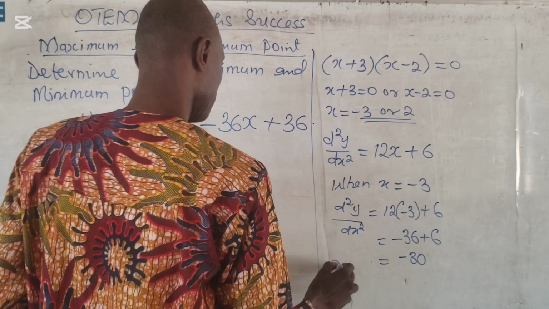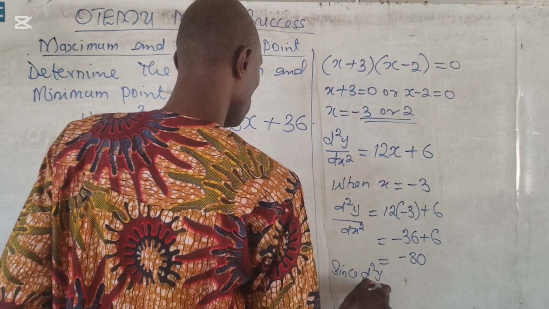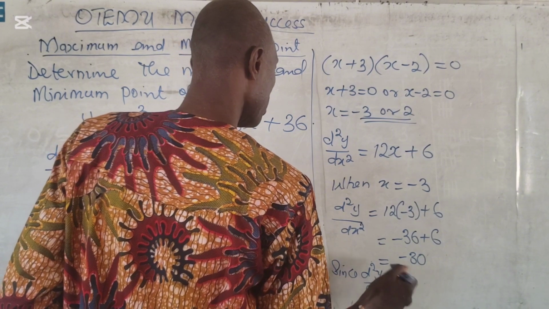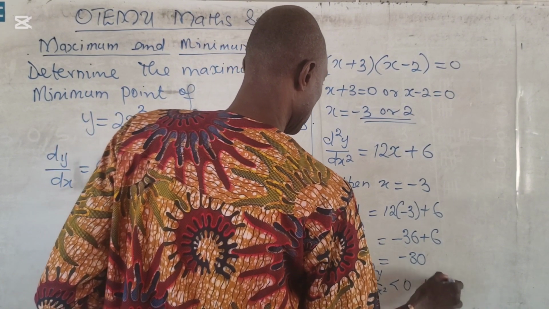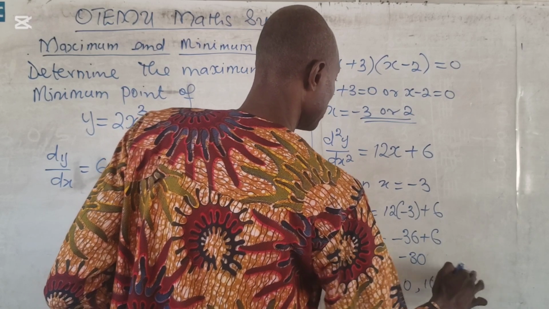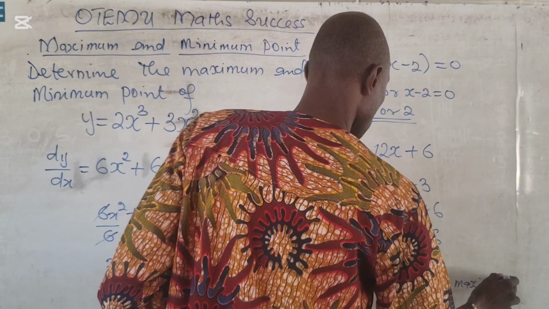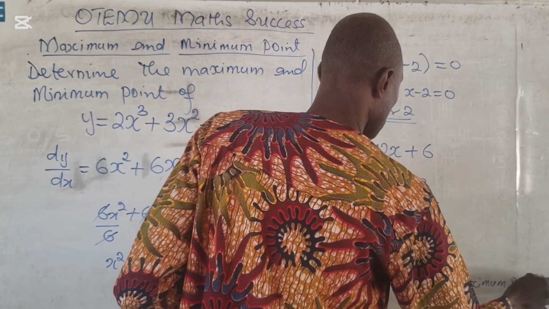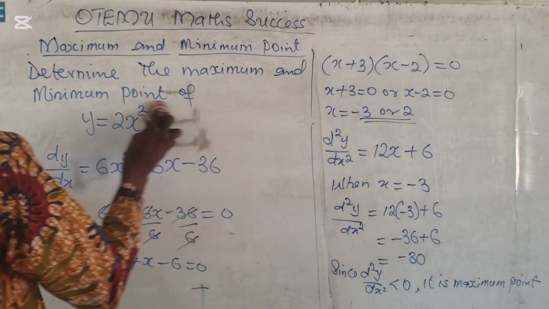So since d square y over dx square is now less than 0, it is a maximum point.